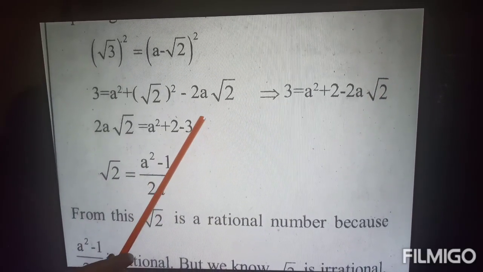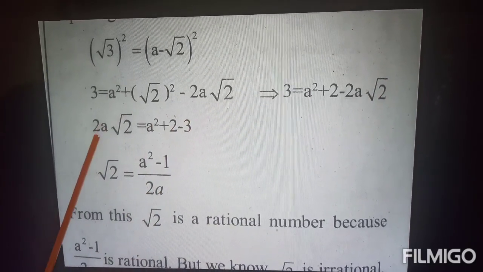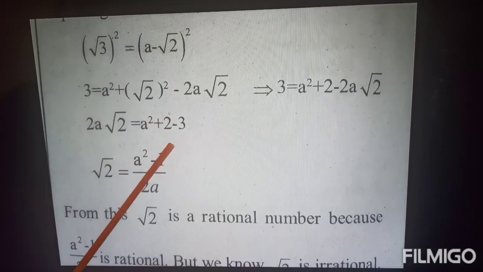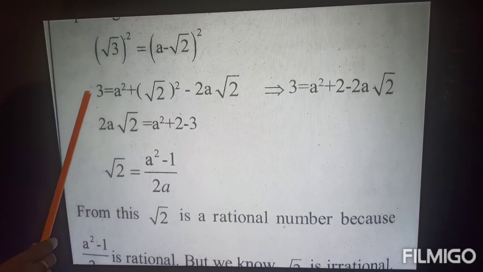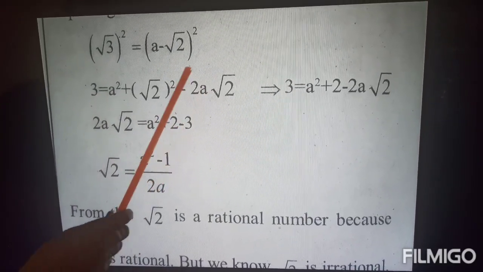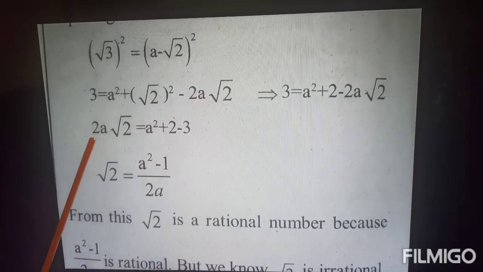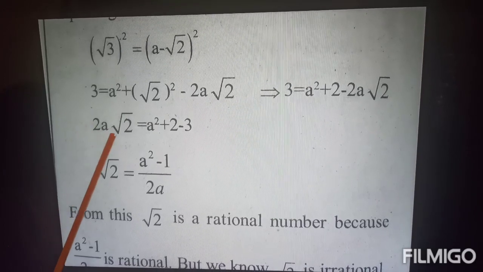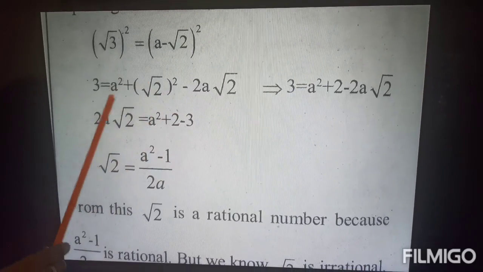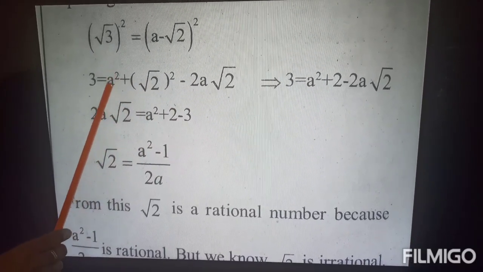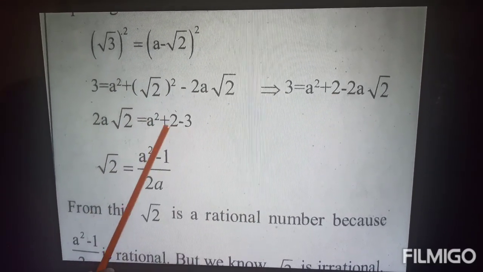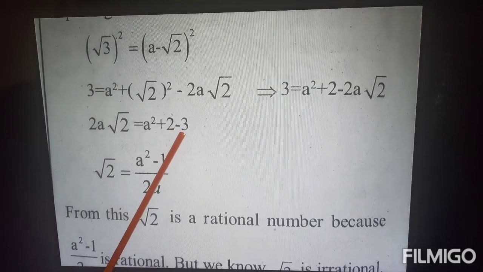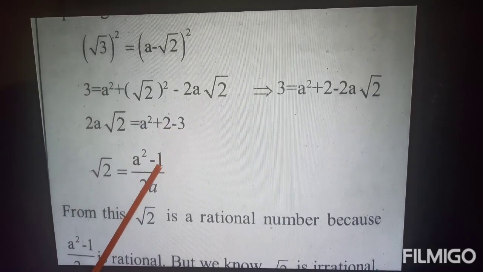Then the root part I have to take to the left, and this integer I have to take to the right. 3 taken to the right side becomes minus 3, and this minus part becomes plus. Plus 2a root 2. Here this a square and this becomes only 2, then 2 minus 3 becomes minus 1.